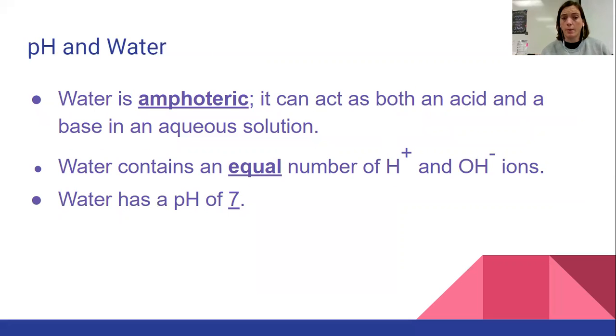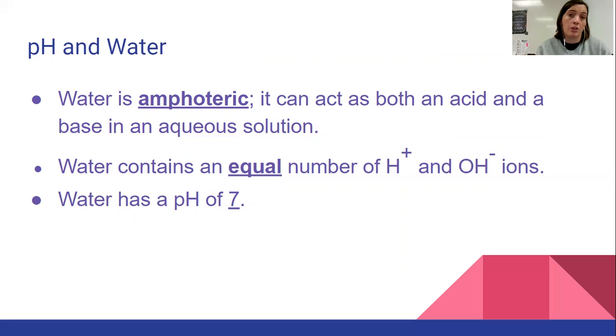Water is amphoteric. So that means that water can act as both an acid and a base in an aqueous solution. Because guess what? Aqueous solutions are water, right? Water contains an equal number of hydrogen and hydroxide ions because water is H2O, also written as HOH. So 1 hydrogen with 1 hydroxide. Okay, it's equal.